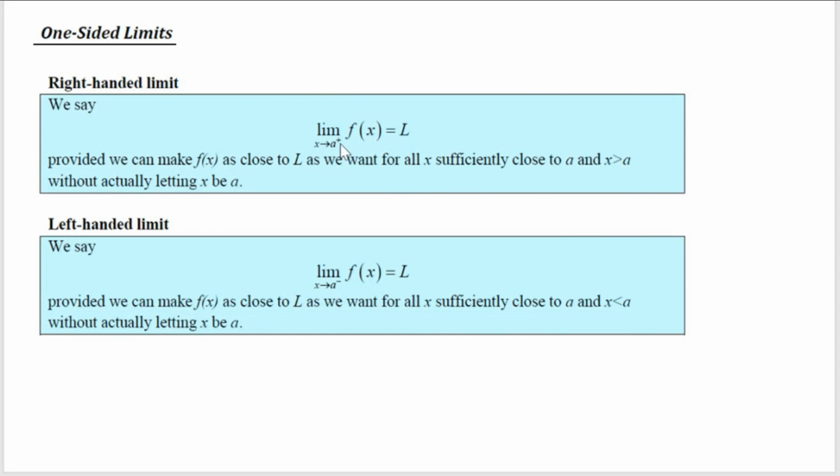So the positive sign there as the exponent of a says that x approaches a from the right, provided we can make f of x as close to L as we want for all x sufficiently close to a, and x is greater than a, without actually letting x be a.